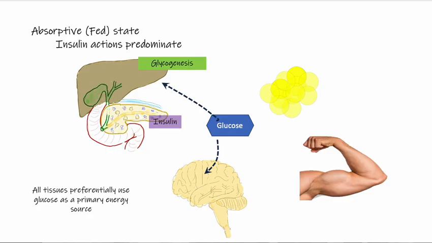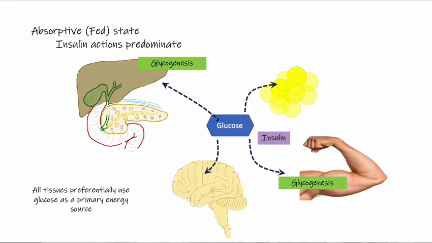Now, during this absorptive state, insulin will be active, and its actions will primarily be affecting skeletal muscle and adipose tissue. So in order for these tissues to uptake glucose, insulin will be necessary. So insulin inserts GLUT4 transporters into skeletal muscle and adipose tissue, allowing glycogenesis in skeletal muscle and lipogenesis in our adipose tissue.